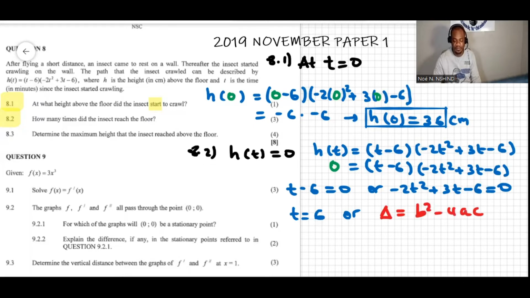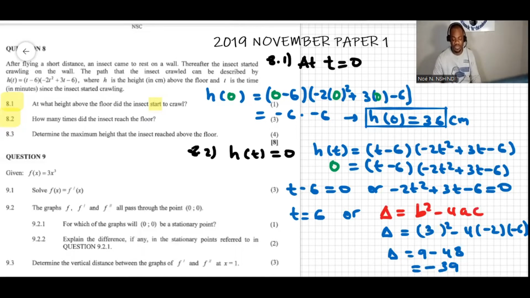So the discriminant will be 3 squared minus 4 times negative 2 times negative 6. Delta is 9 minus 4 times 2 is 8, 8 times 6 is 48, which makes negative 39. So there is no real root.